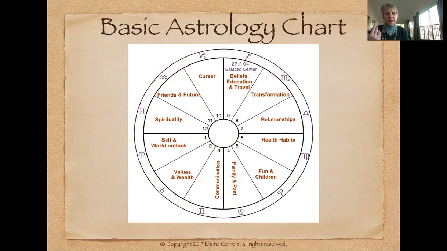So in an ideal chart, this is where the positions of everything would be. The whole pie is divided into 12 houses, and each house has a theme related to the sign, and each sign has a planet it's connected with.